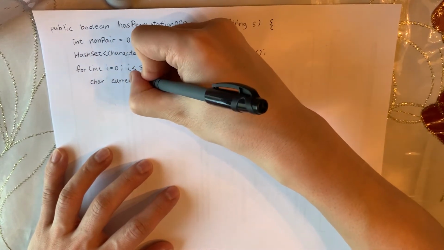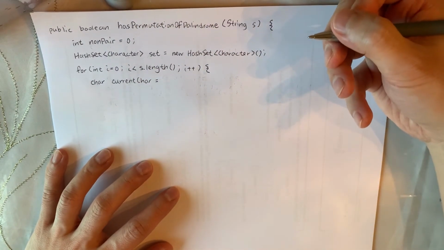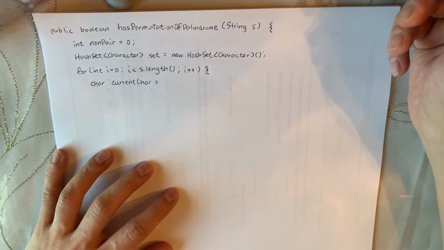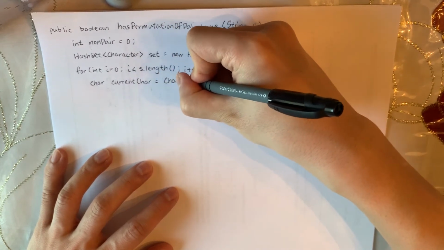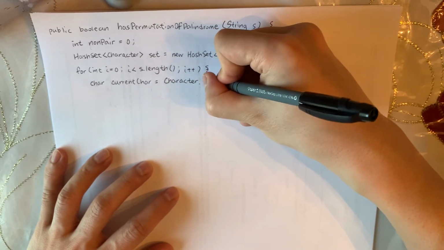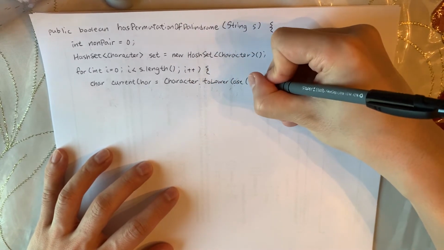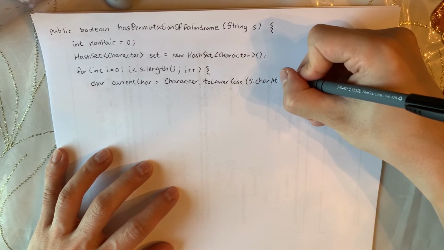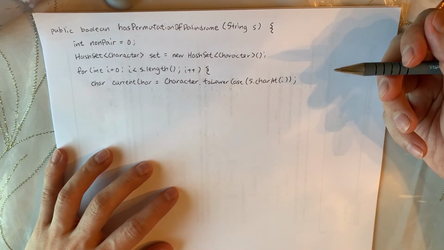Now, depending on whether the interviewer asked for non-case-sensitive matching, you may want to get the lowercase variant of the character: currChar equals Character.toLowerCase of s.charAt(i). This will give you the lowercase character when you're doing the matching.